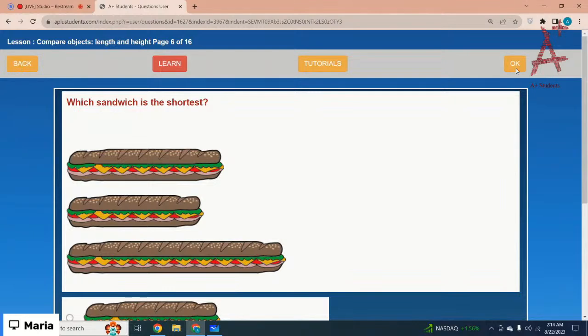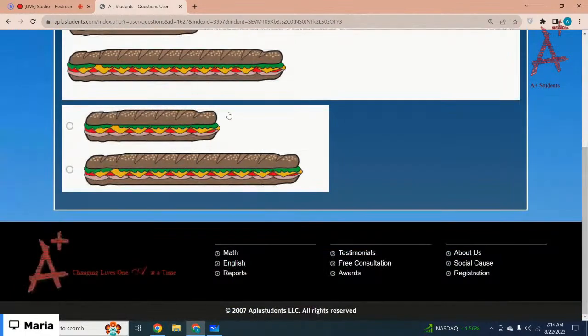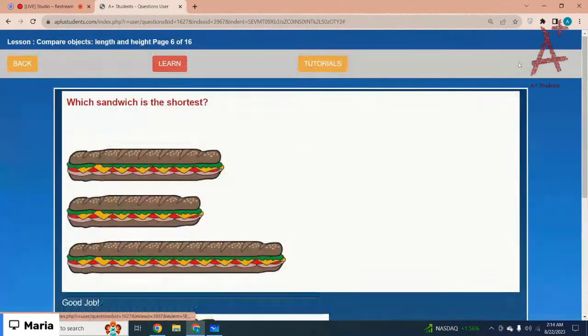One, two, three. Oh, the first one is the shortest one, right?